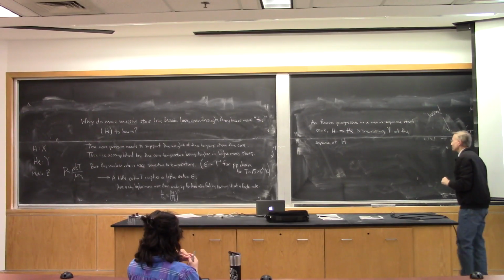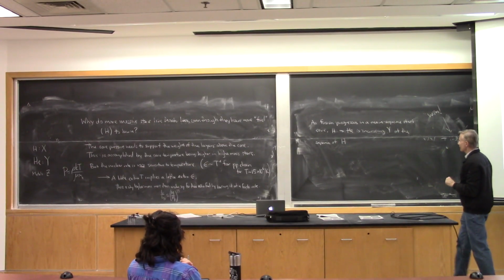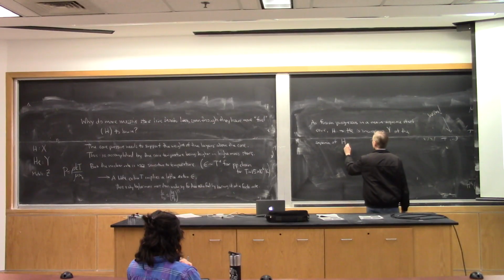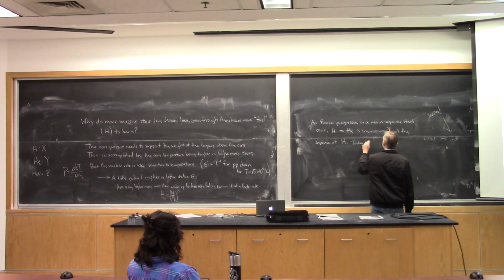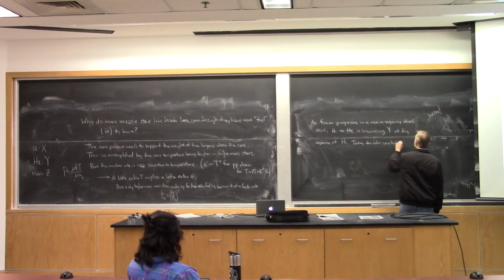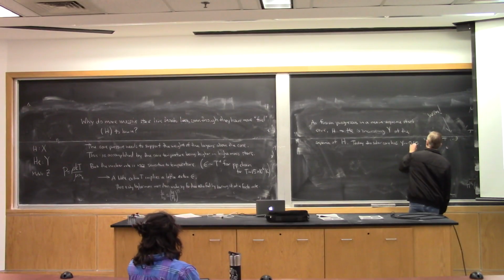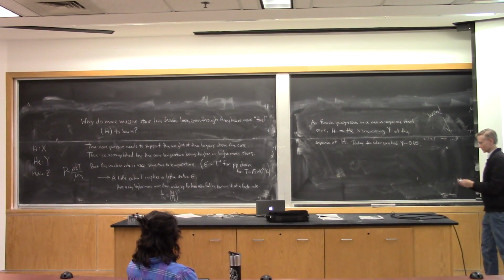So more and more helium as opposed to hydrogen. Today, the solar core has Y as something like 0.65. There's actually more mass in helium in the sun's core today than there is in hydrogen.